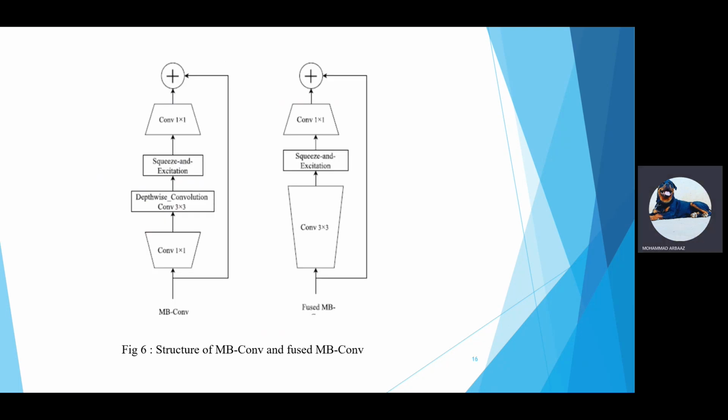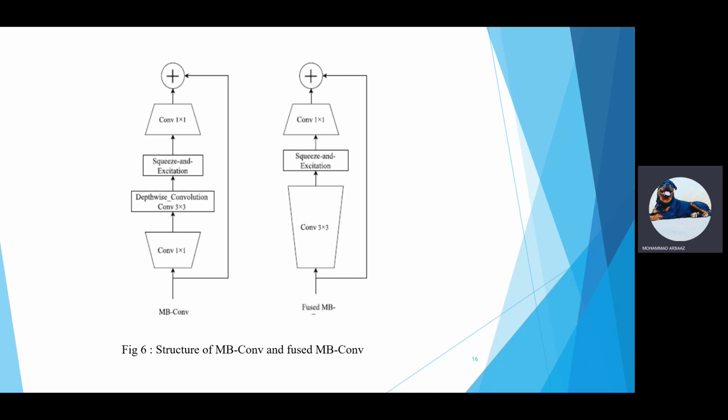This is the structure of MB convolutional and fused MB convolutional. The first diagram represents the MB convolutional. In MB convolutional, the input is given to depthwise convolution, then squeeze and excitation, and at last it will be added with the input given.